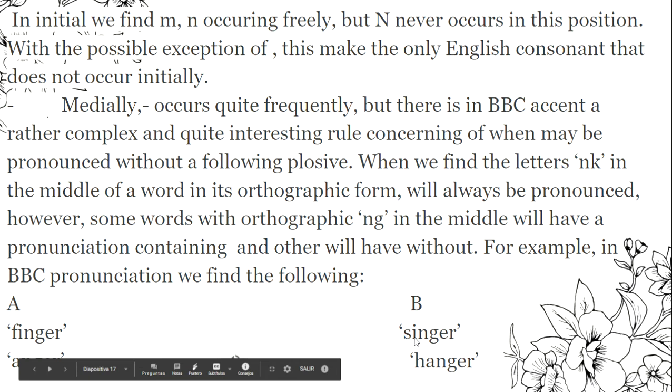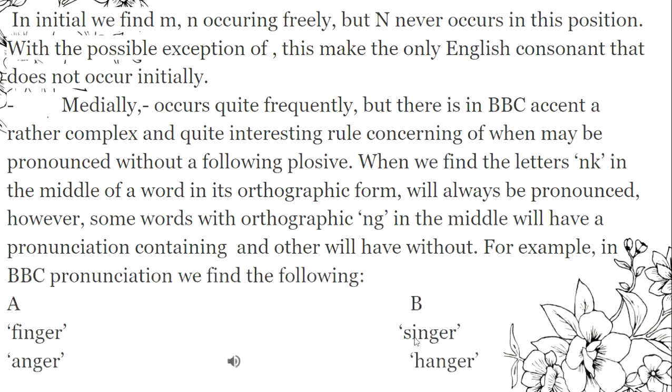In initial position, we find m and n occurring freely, but the velar nasal never occurs in this position. With the possible exception of h, this makes it the only English consonant that doesn't occur initially. Here we have some examples with BBC pronunciations: finger and singer, anger and hanger.